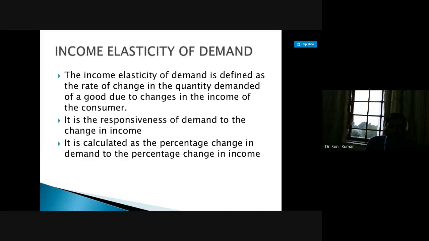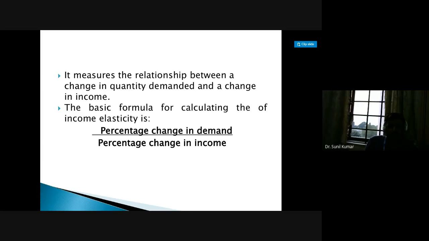Just you see here also they have written: it is the responsiveness of demand to the change in income. It is calculated as the percentage change in demand to the percentage change in income. So let it be, just go ahead. It measures the relationship between the change in quantity demand and the change in income. The basic formula for calculating income elasticity is percentage change in demand divided by percentage change in income.